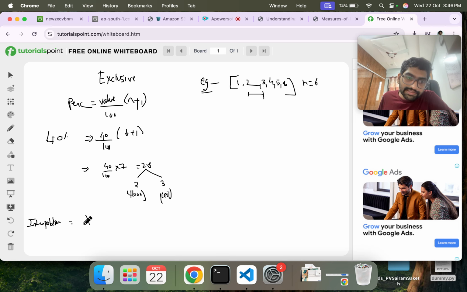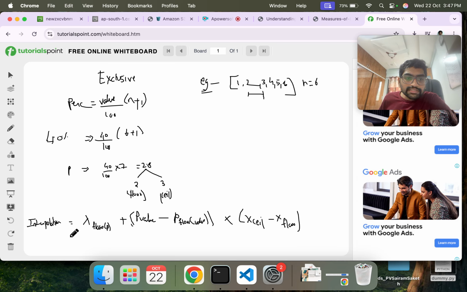The interpolation formula is x of floor p, plus the p value minus p of floor value, then you have to multiply it with x ceil value minus x of floor value.